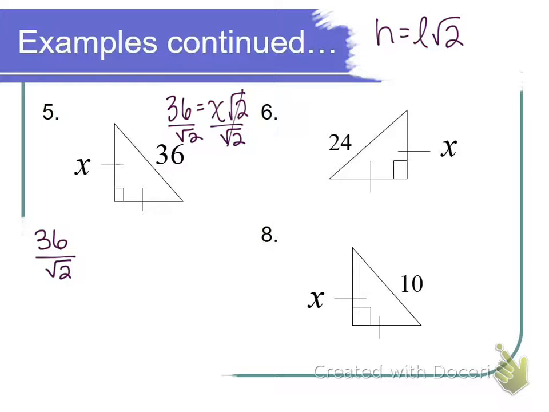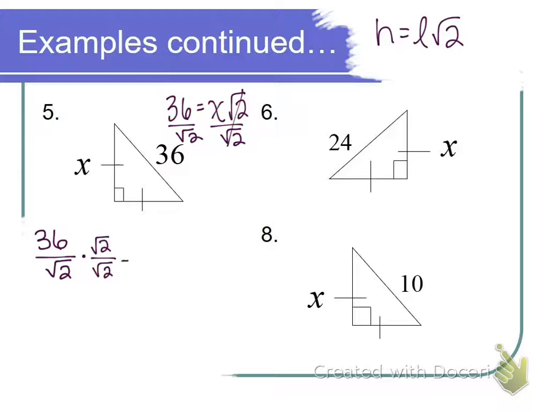Who remembers how we fix that? Multiply by radical 2 over radical 2. Radical 2 over radical 2 is equal to 1, and multiplying by 1 doesn't change a number. So we're just trying to rewrite it in a different way.